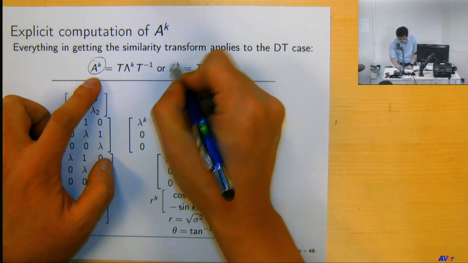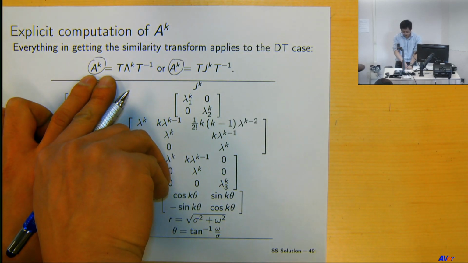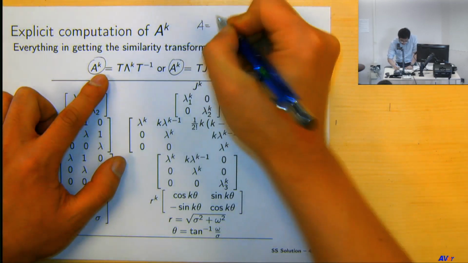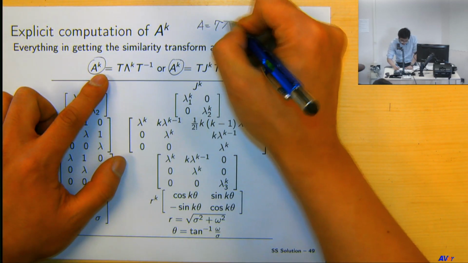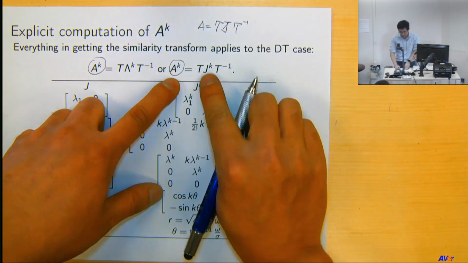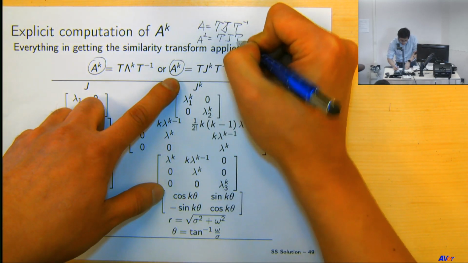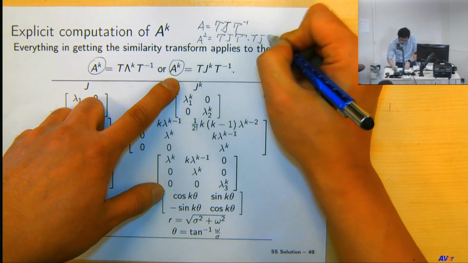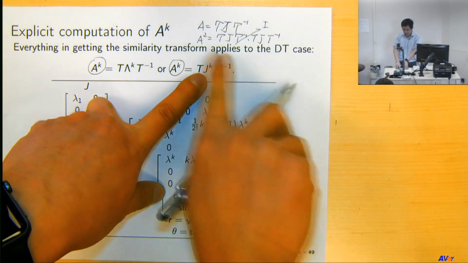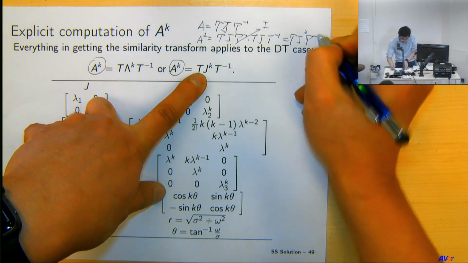We talked about how the main thing is to compute a power of the matrix A. If A is similar to, let's say, a Jordan matrix J, then all the computations are very simple. So A squared is TJT inverse times TJT inverse. Since it's going to cancel out in the middle, you get TJ squared T inverse.